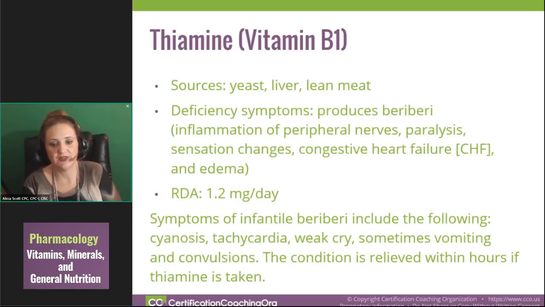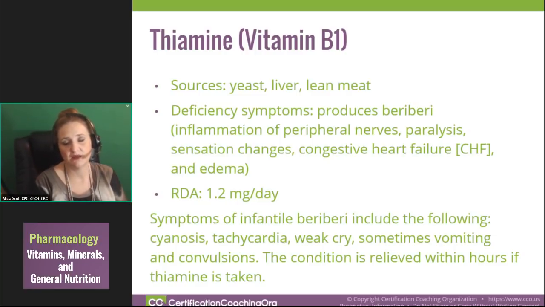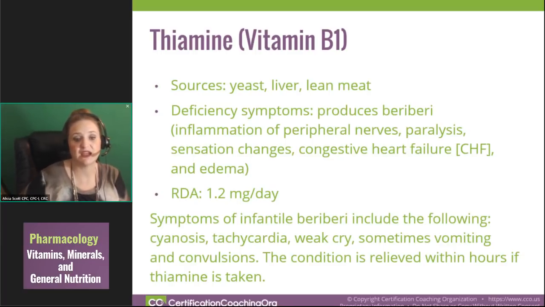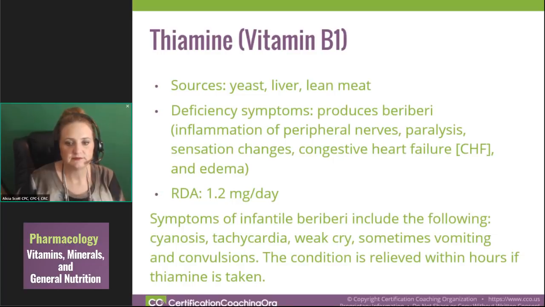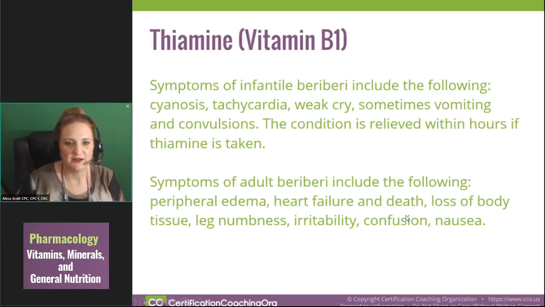But again, these can look like the child being ill with a cold or something else, or even a heart problem when actually they're just thiamine deficient. Good to know, right? We already mentioned what those conditions were, but also in adults, you can have heart failure.